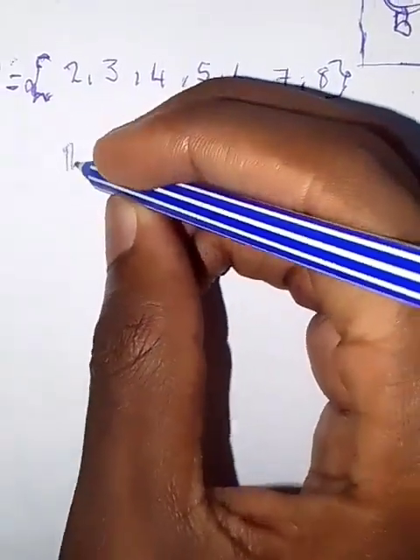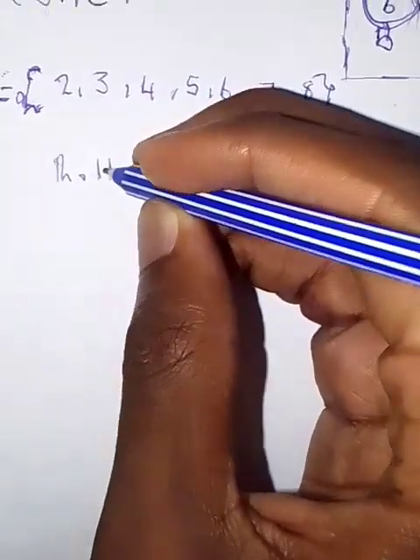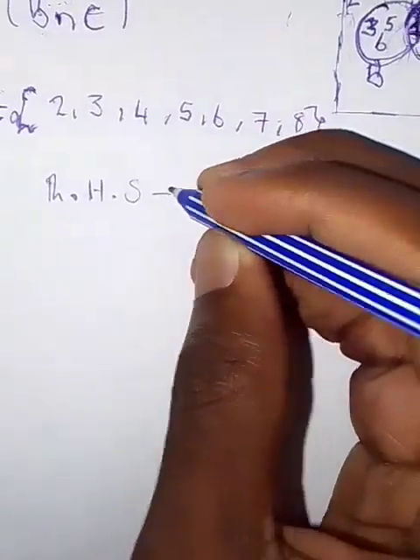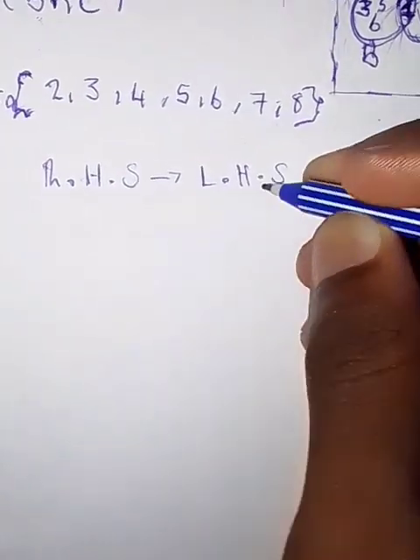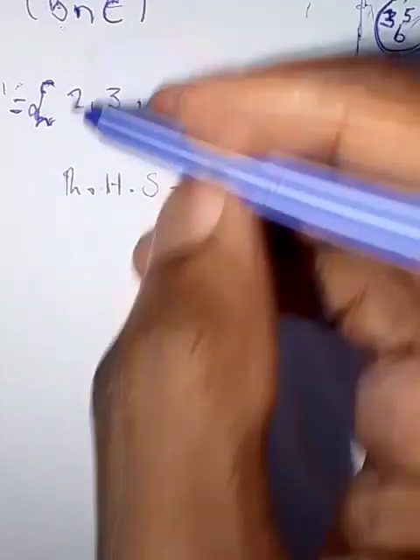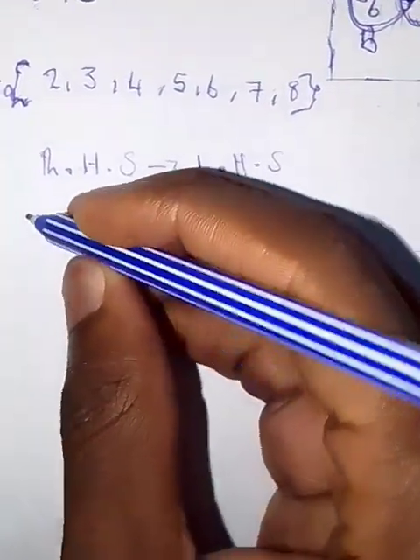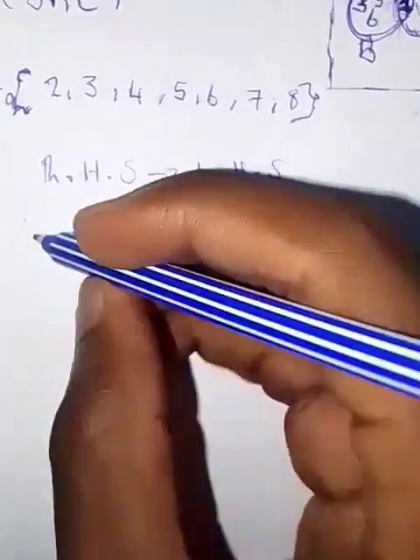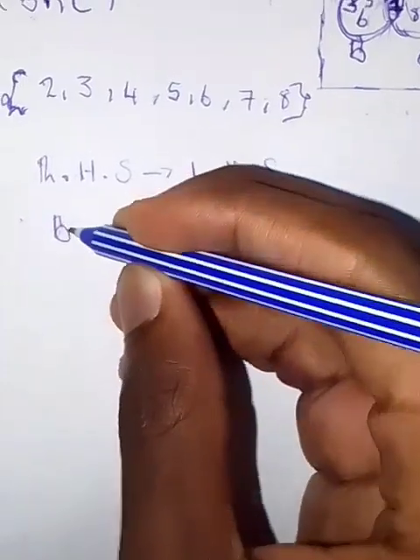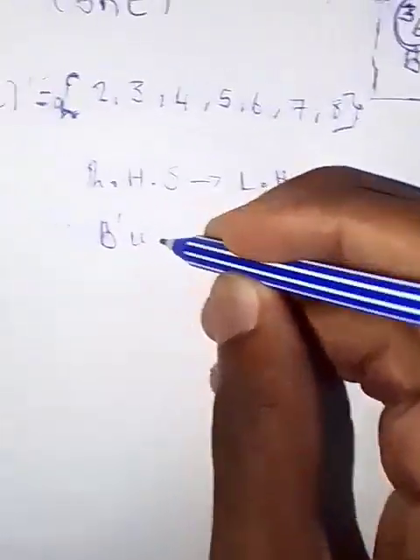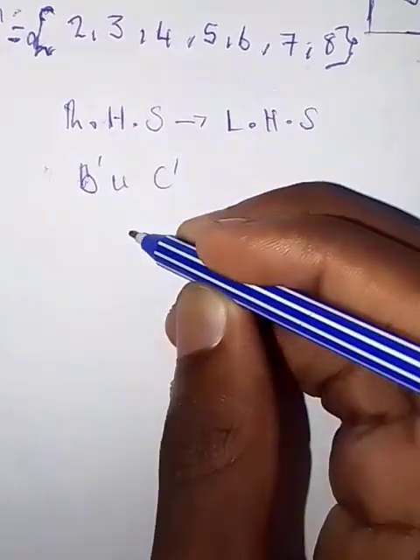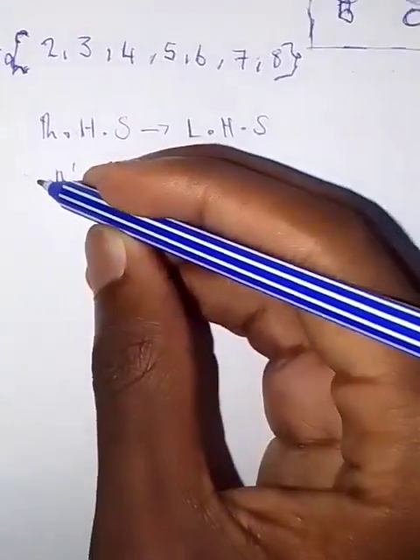Now let's look at the right hand side. So we are going to take this part. They want us to find the elements that are in the set B complement united with C complement.